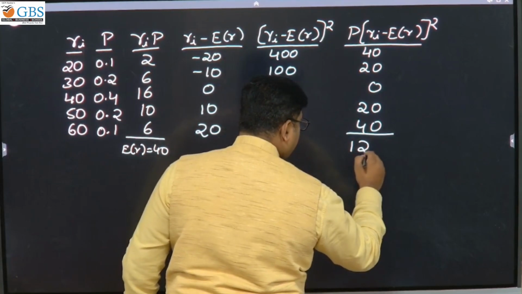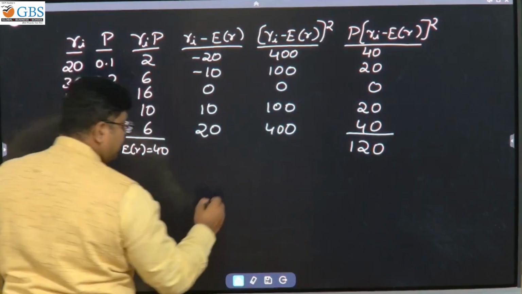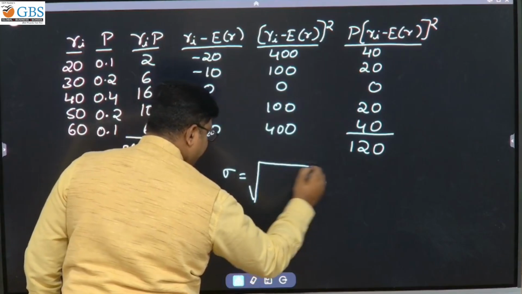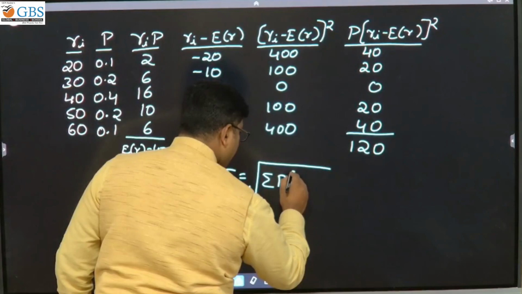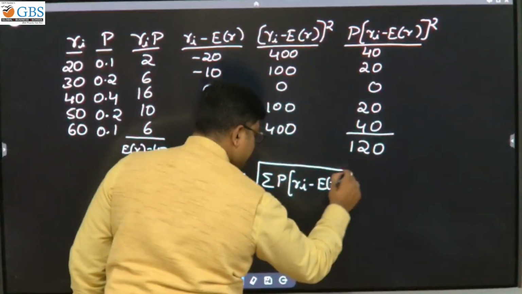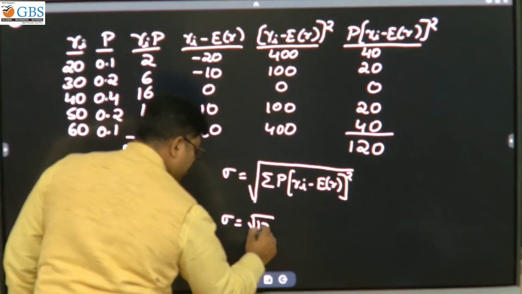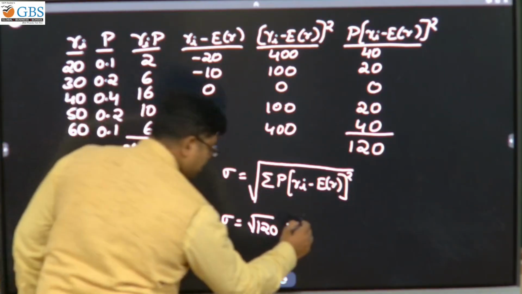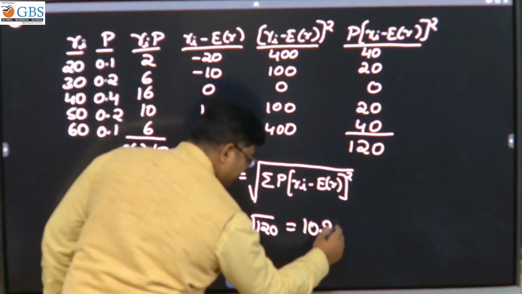The total is 120. Right. So the formula of standard deviation is the square root of summation P into Ri minus E of R whole square. That is, standard deviation is equal to the square root of 120, which gives 10.95.